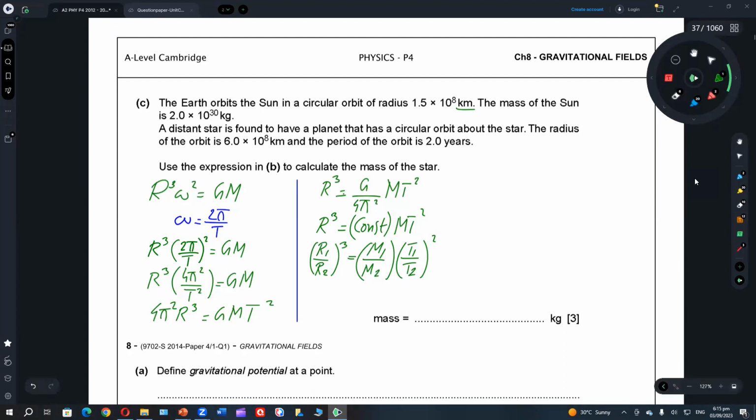Either I can use my ratio or I can use the formula directly. I have all the data.